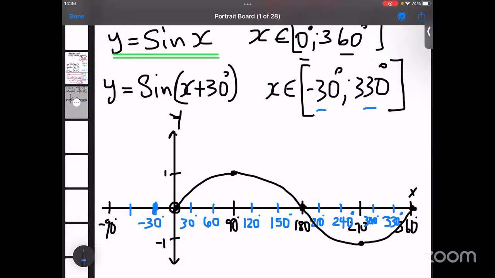Remember, they said -30, 330. And then you add 30, and it gives us 0. So at -30, it is 0. I've put a dot there. Then you follow those critical points. If you remember, the next one was 60.